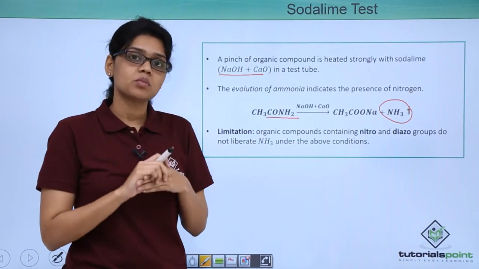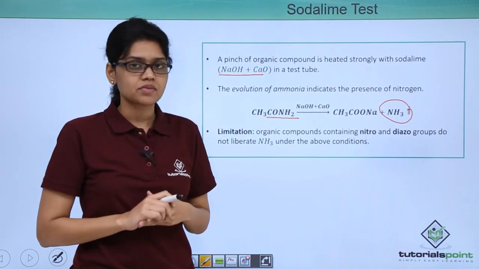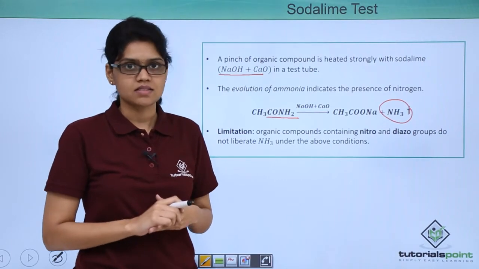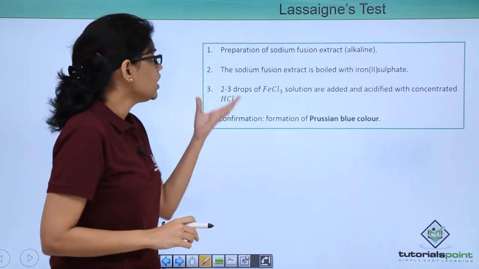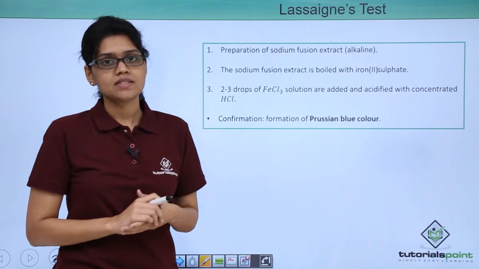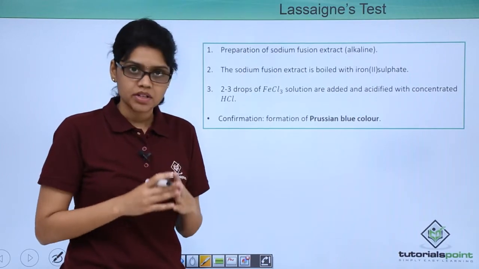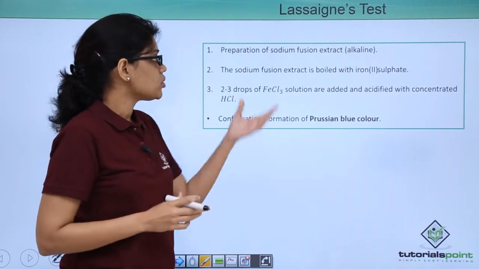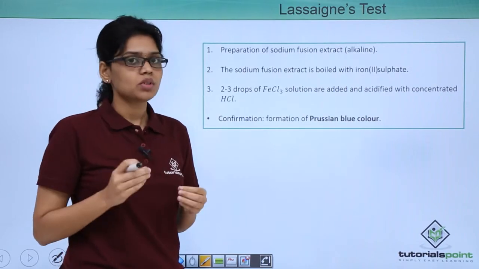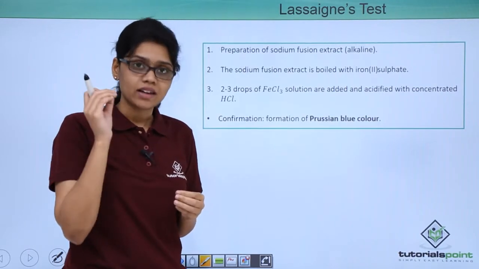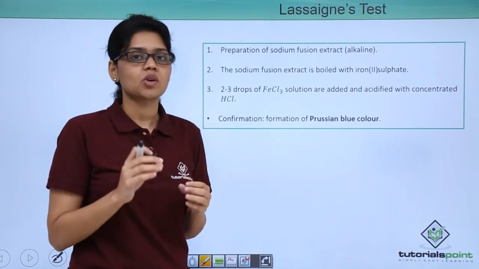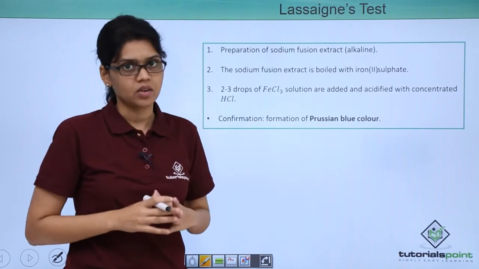Let us now look at the most commonly used confirmatory test for nitrogen, which is the Lassaigne's test. In the Lassaigne's test, obviously the first step is preparation of Lassaigne's extract. You need to note that the Lassaigne's extract needs to be alkaline in nature, so we add a few drops of sodium hydroxide or NaOH.